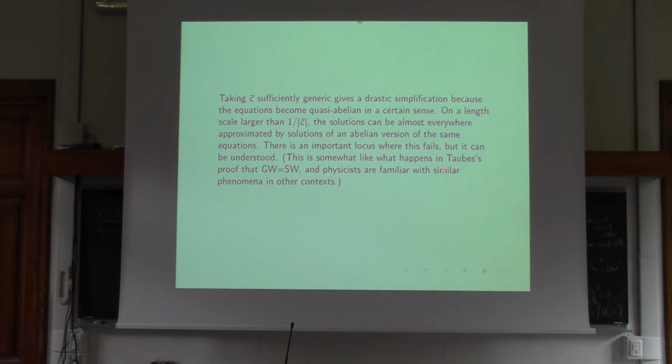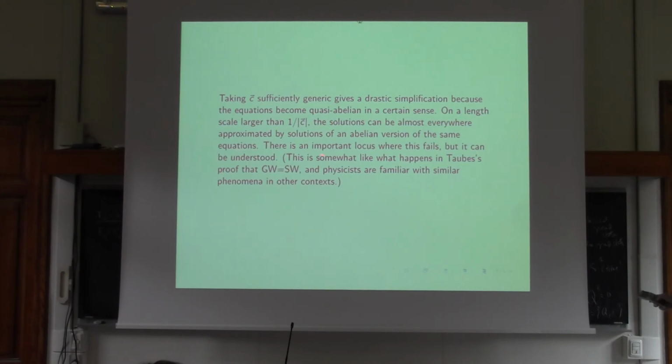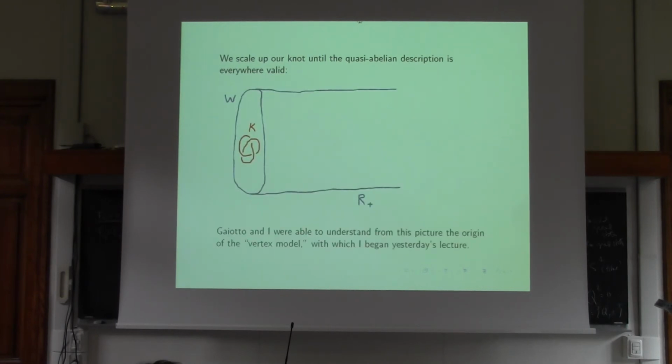There's an important locus where that fails, but it can be understood. So both physicists and mathematicians are familiar with such things. We scale up c until the quasi-abelian description is valid. And from this we were able to understand the origin of the vertex model with which I began yesterday's lecture.